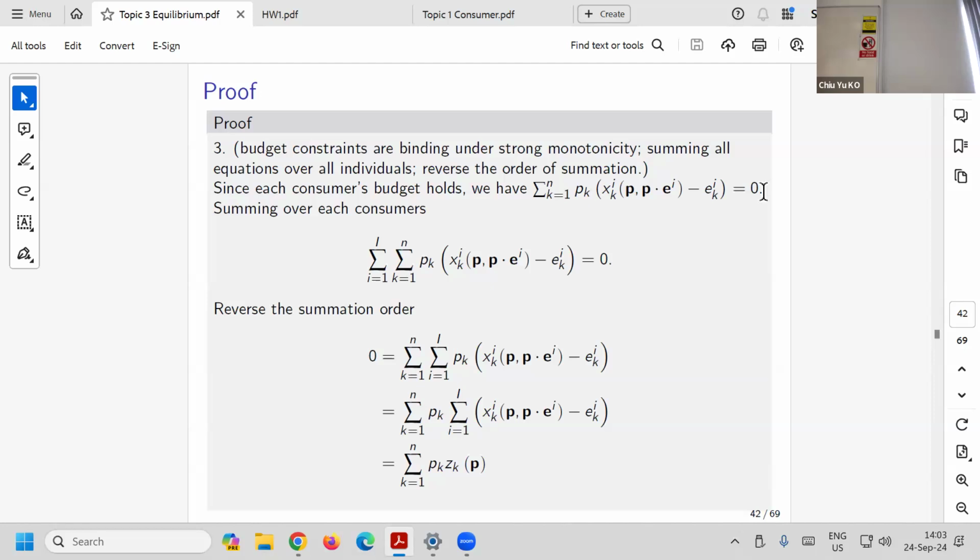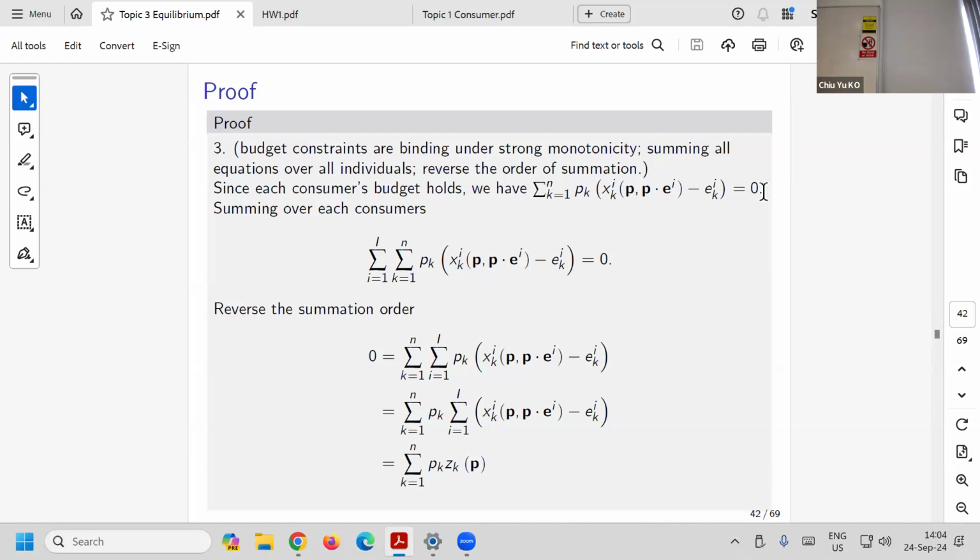Then you can add up all the individuals from 1 up to L. So this is the budget constraint. Add up everyone, still 0, right? Everyone 0, add up everyone 0. Is that okay? This is no one leaves money on the table.